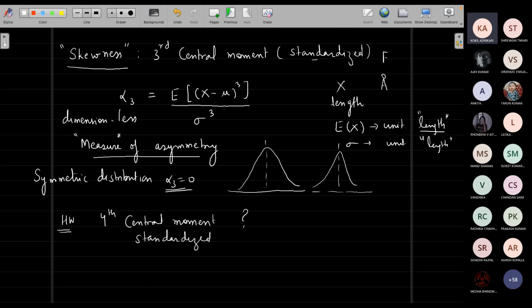And for any other distribution which is not symmetric, it will tell us whether alpha 3 is less than 0 or greater than 0. Depending on that, we will figure out that there exists some asymmetry around the mean, and we try to figure out what kind of asymmetry, how big is that asymmetry, something like that. So this is the third moment.